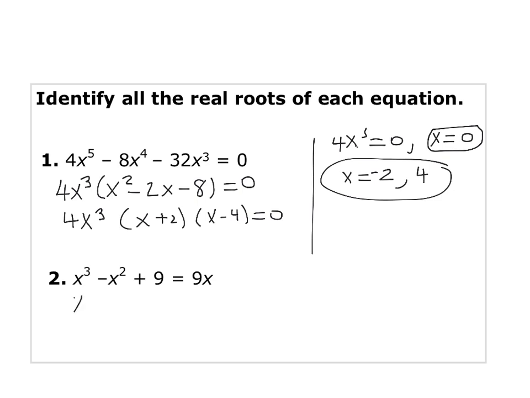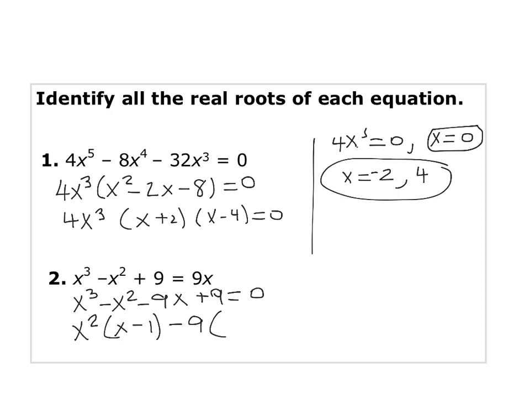The next one, I'm going to do x cubed minus x squared minus 9x plus 9 is equal to 0. So then we have x squared, x minus 1 minus 9.